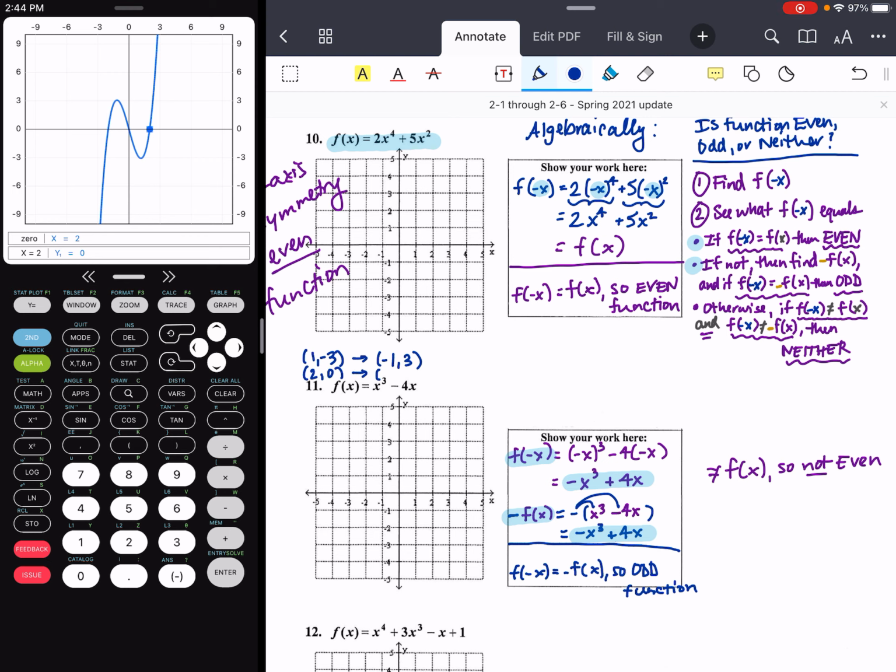That means I should have a matching (-2, 0). Let's test it and see if I do. And I do, (-2, 0). I can do it with my 3's: (3, 15), (-3, -15). So I can see that I have origin symmetry. This is just a graphical check, a confirmation that I do have an odd function.